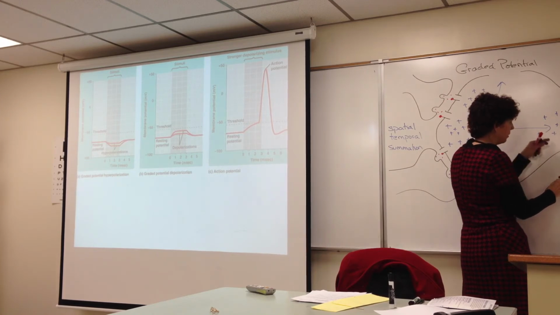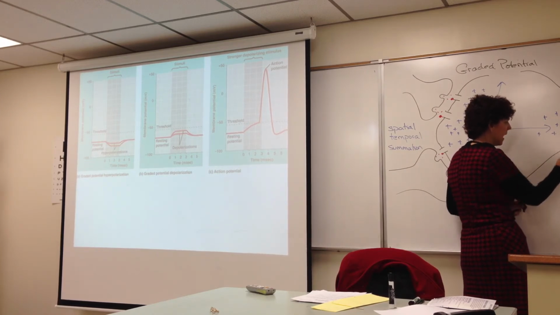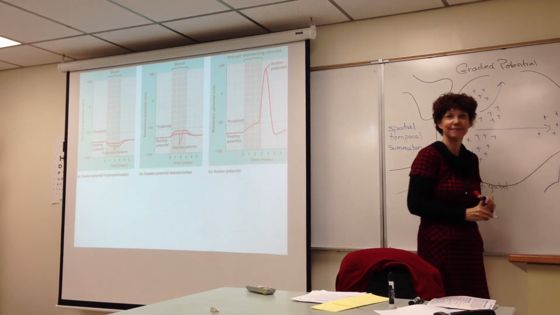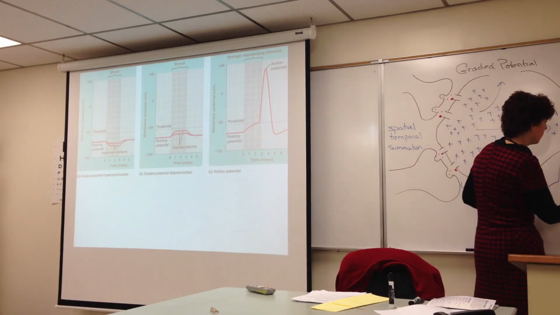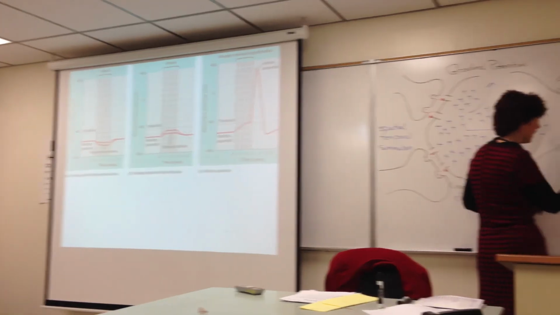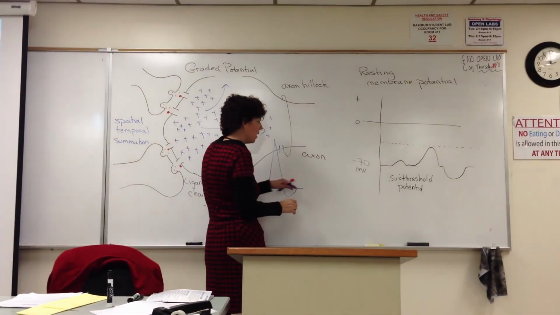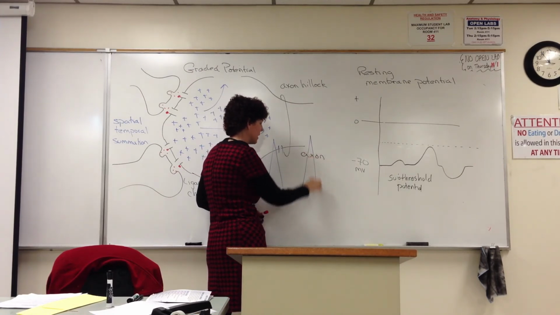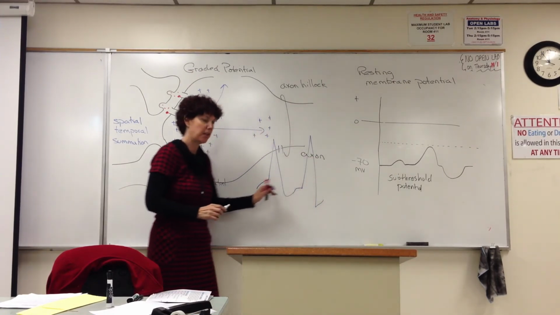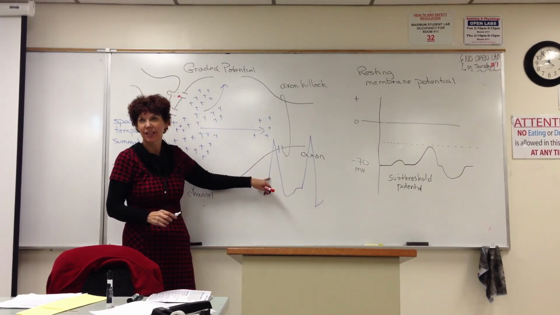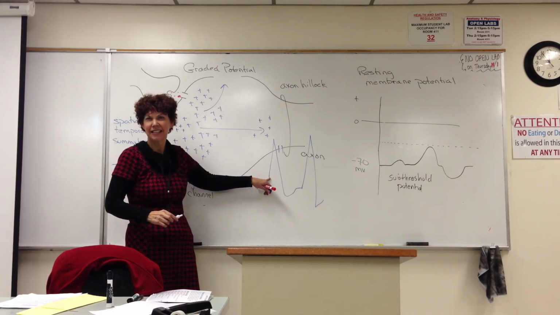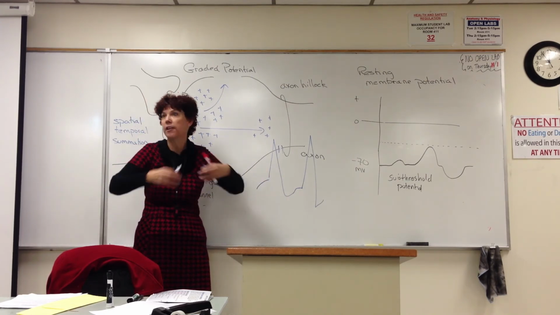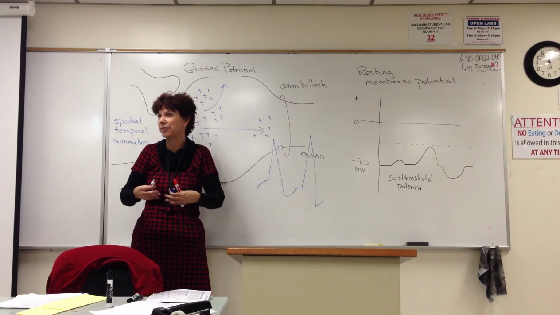It'll be that graded potential, reaches threshold, opens an action potential, and we get a spike. Now, as that action potential goes down the axon and opens the next voltage-gated channel, we already are going to have the current strong enough to open that, and so we're going to see just the spike. We're not going to see it as a slight graded potential. Does that make sense?